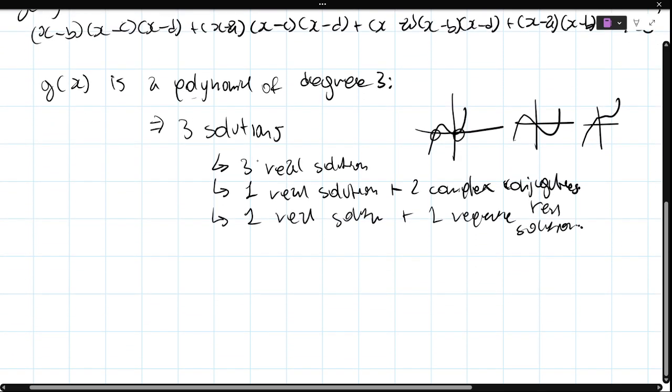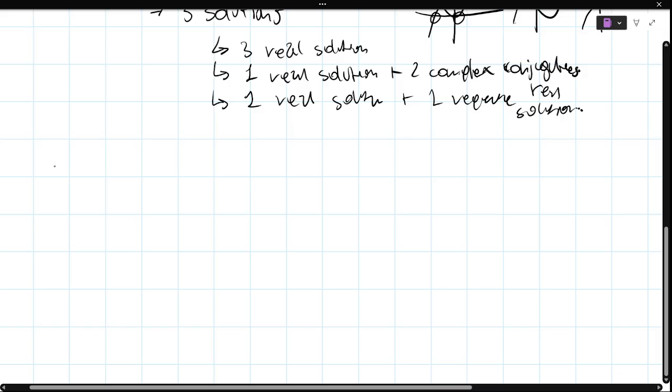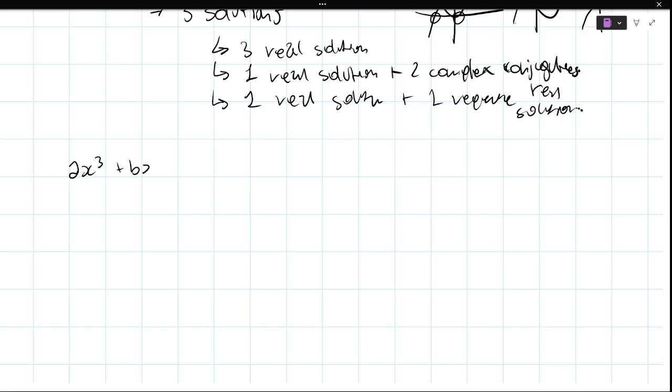Because at the end of the day, what we're looking at is the coefficient of my polynomial. So if I have a standard cubic, ax cubed plus bx squared plus cx plus d, the sum of my roots is equal to minus b over a.